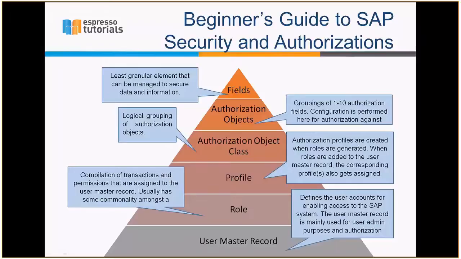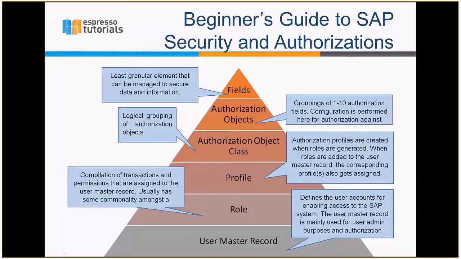Okay. So then we get into roles, and I know this is a pyramid, and roles and profiles should almost be on the same level, because they're almost one and the same with a few distinct technical differentiators that make them a little bit different.